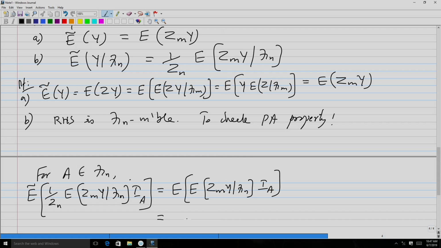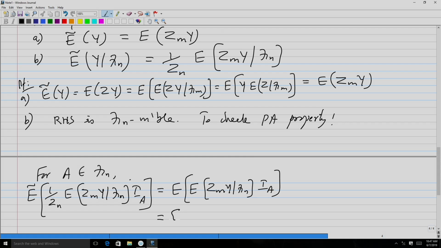Okay. Now, since my indicator function of A is in F_n, so, whereas this was taking out what is known, now we are bringing it inside.